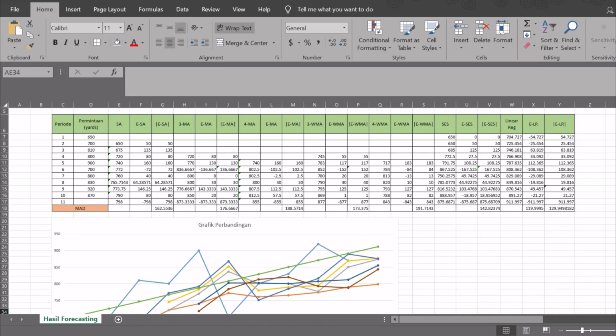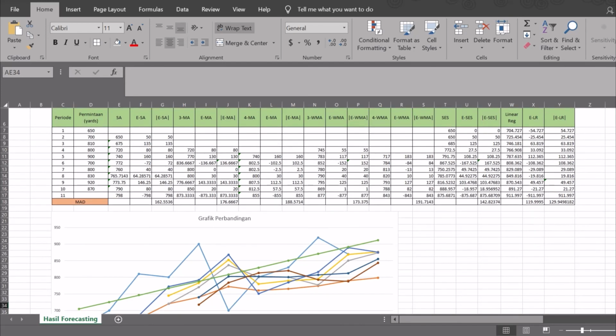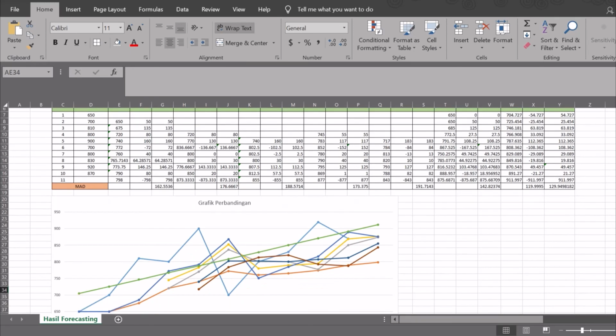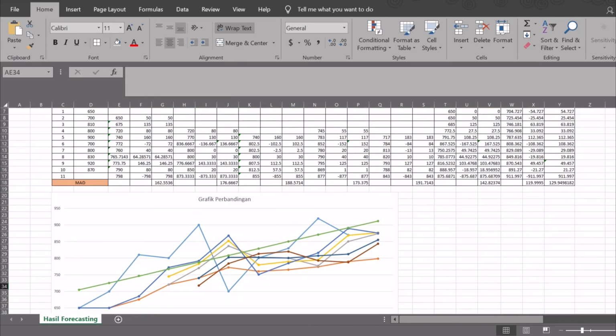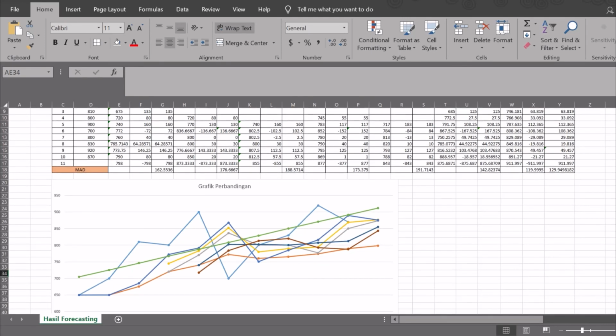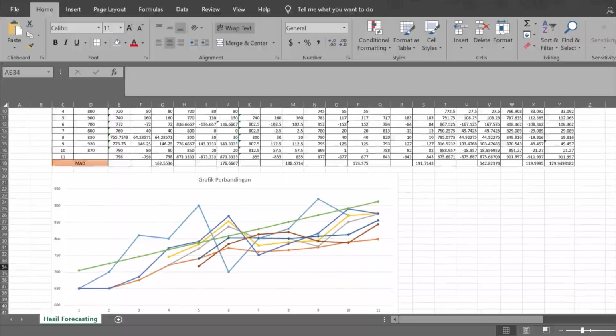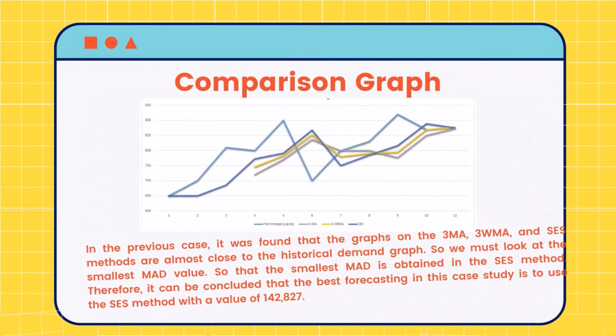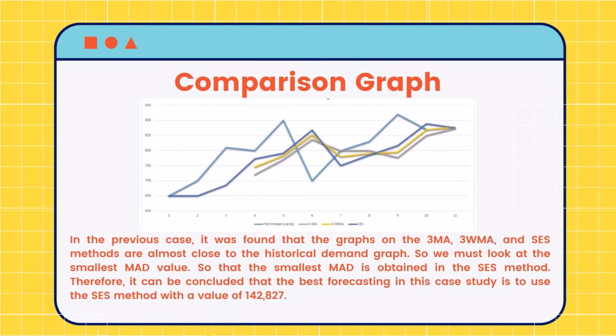However, if we find more than one graph that is close to the historical data graph, then we must analyze which MAD value is the smallest from several forecasting graphs that are close to the historical data pattern. If in the previous case it was found that the charts of the 3 moving average, 3 weighted moving average, and single exponential smoothing methods are close to the historical demand data pattern, then we have to see which MAD value is the smallest between those 3 methods.